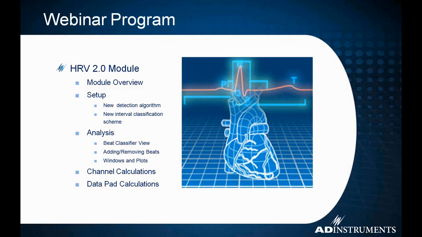With LabChart 8, we're putting those issues to bed finally. I know we've been promising it for a long time, and the HRV 2.0 module was the first one that has that nice cross-platform feel, and the way you do your analysis will be able to move back and forth. So we're very excited about this.